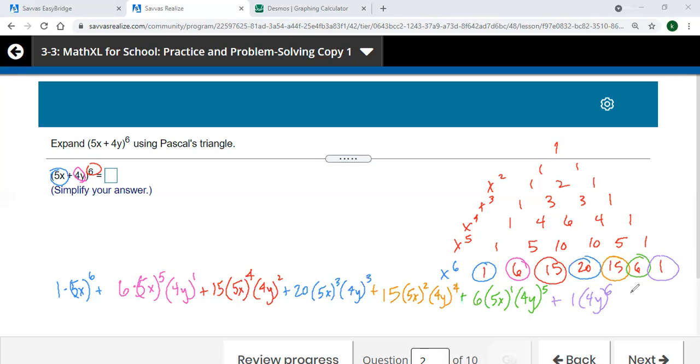So now the problem at this point is just finding out what all these big numbers are. Because out here on this one, it's going to be the 5 to the 6th power, right?